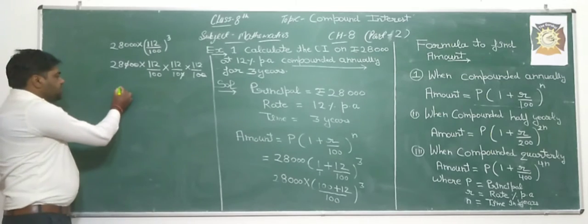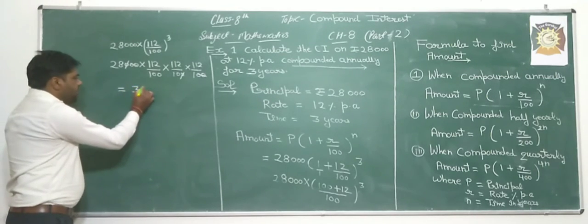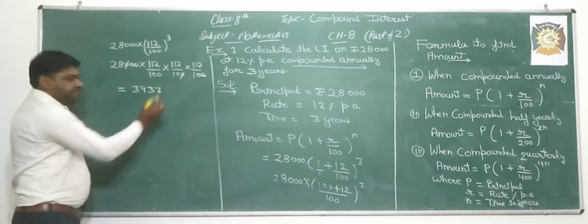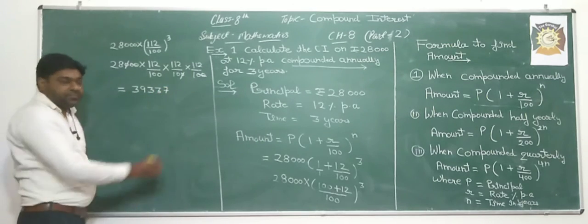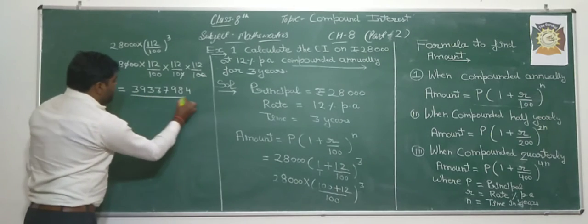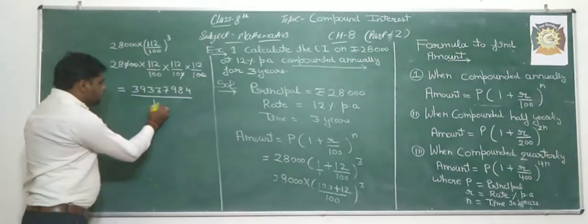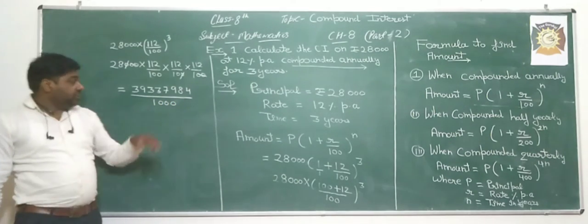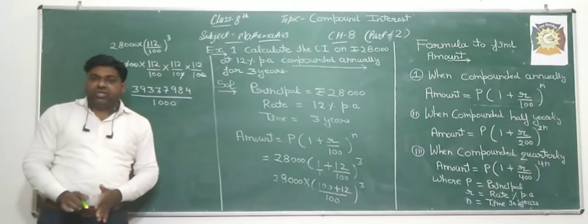So what is its answer? When we multiply these things, that is 39,337,984, and divide by, what is this? This is the 100 and this is 10, so this is 1000. Now observe it carefully. This is the 1000, that means there are 3 zeros.